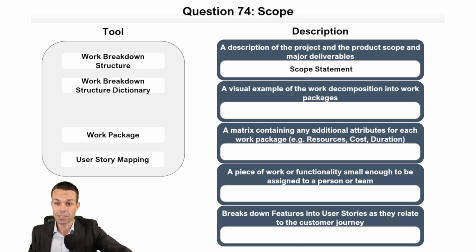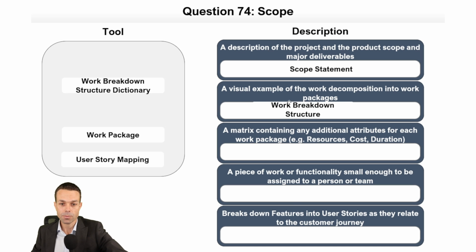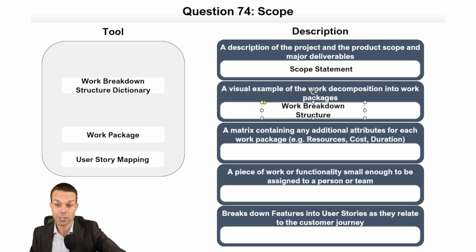Using a visual example of the work decomposition into work packages. We're taking those high-level deliverables and we're turning them into smaller and smaller pieces. We're decomposing them. That's going to be our work breakdown structure. A matrix containing any additional attributes for each of those work packages.